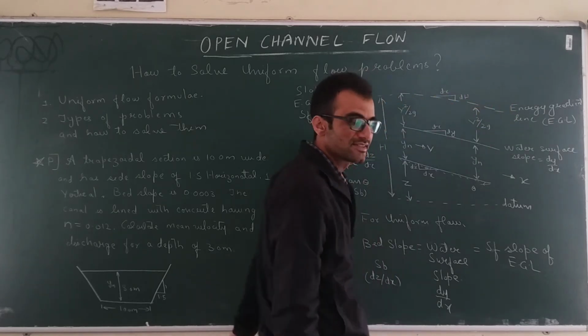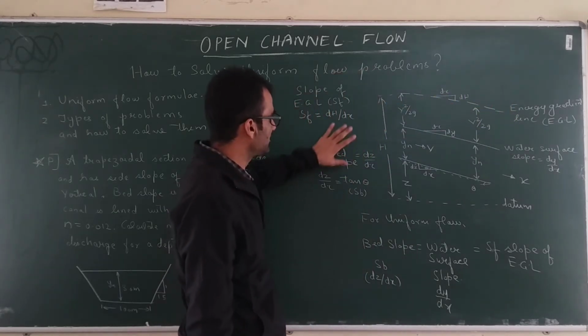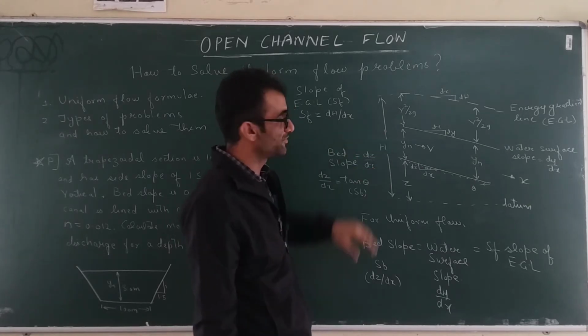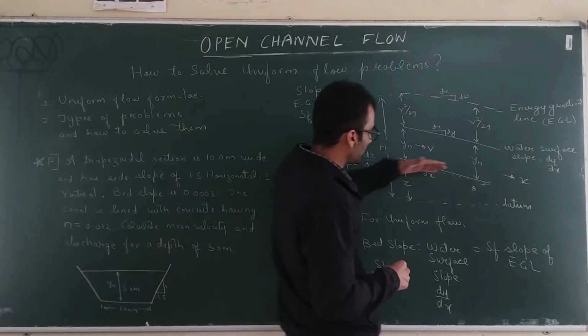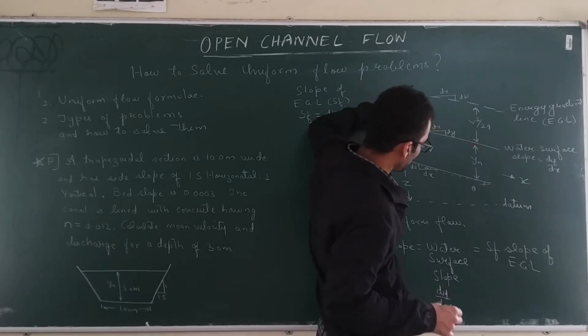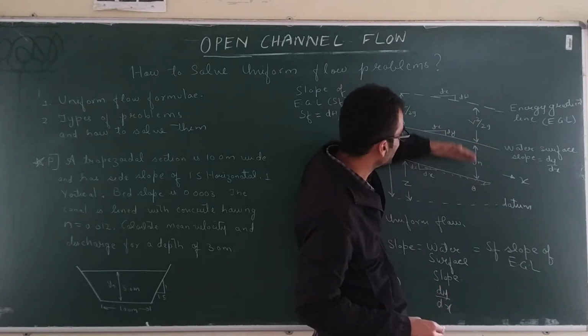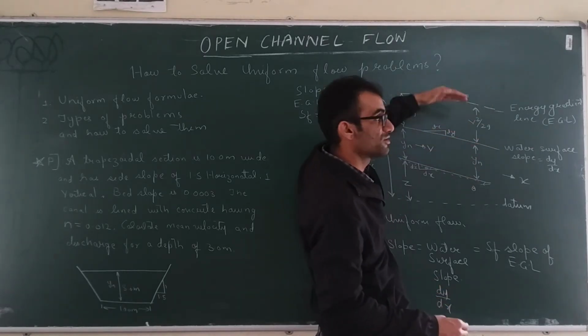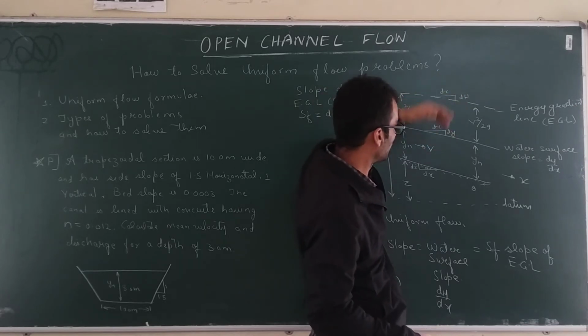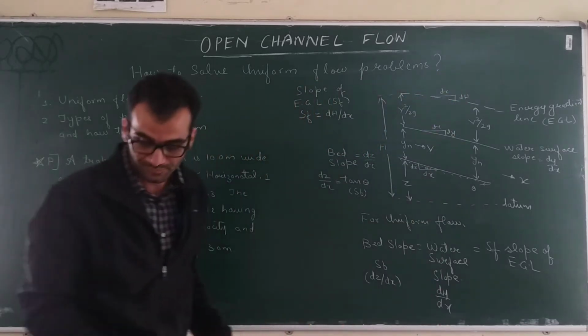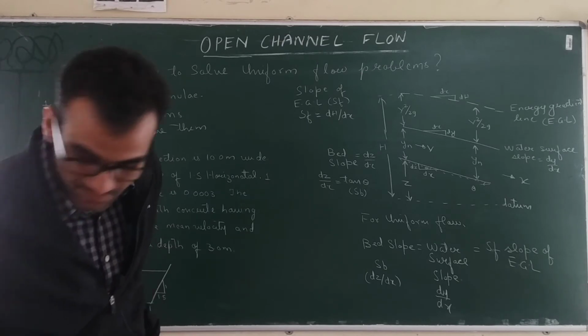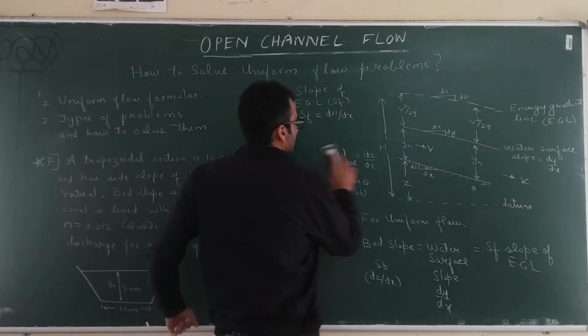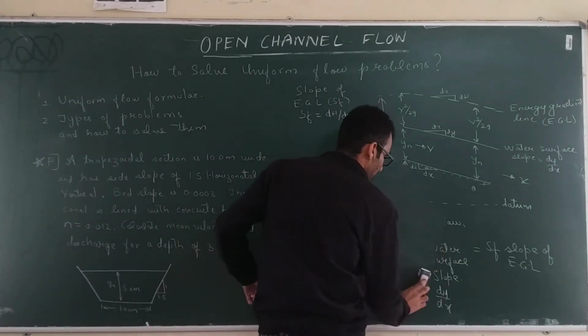So these are some properties of uniform flow. Always remember, whatever the bed slope, the water surface will be parallel to the bed slope, and the energy gradient line will also be parallel to the bed slope. All three lines will be parallel.